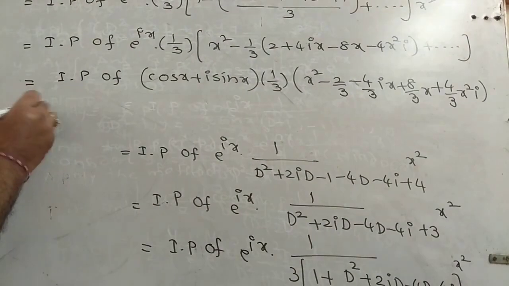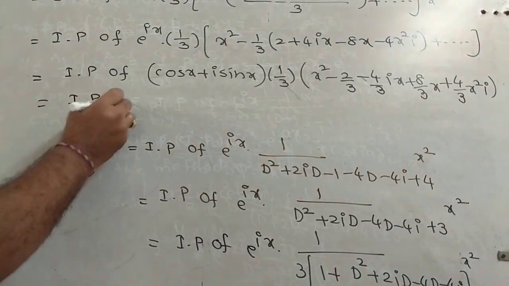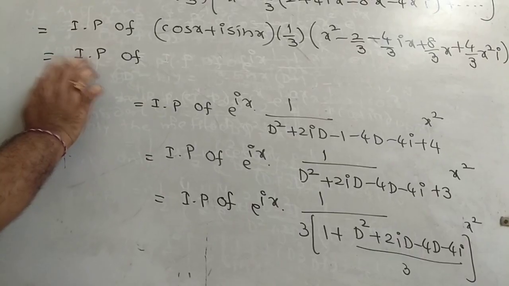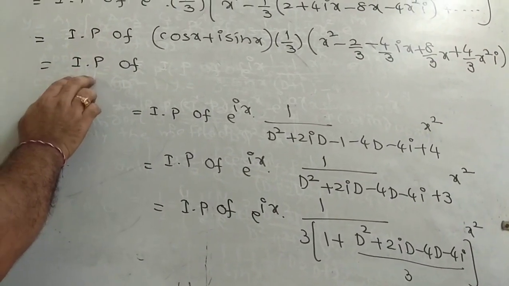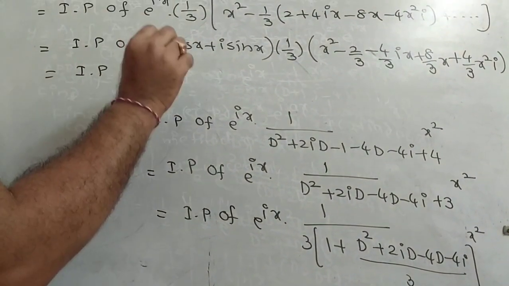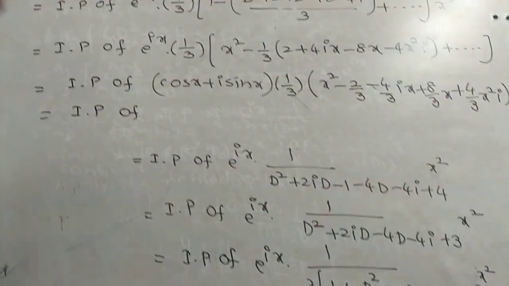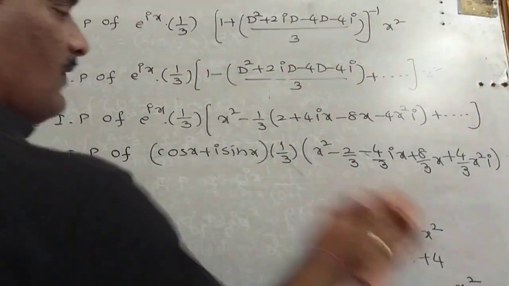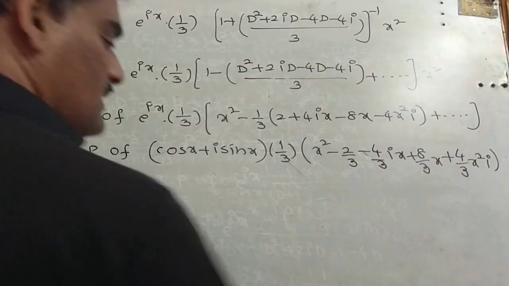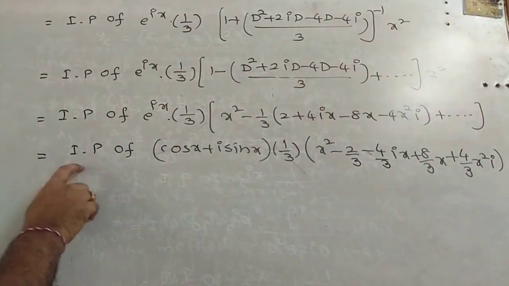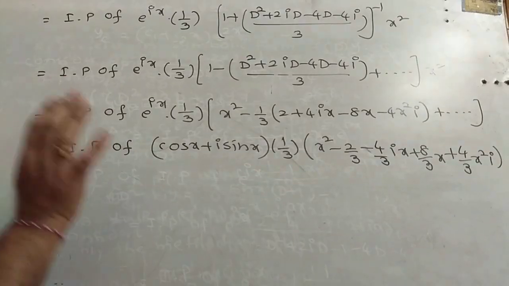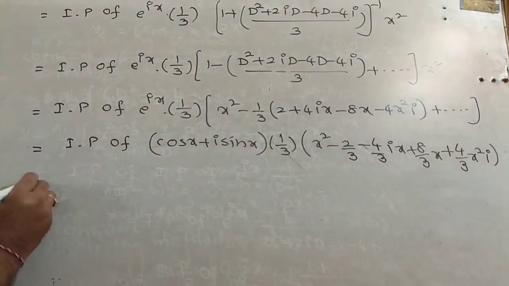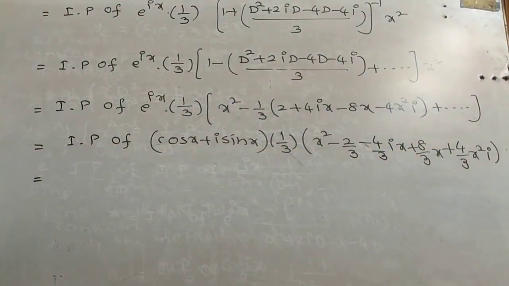So now this is equal to the imaginary part of, so here the problem is nothing but we need to get only the imaginary part. Imaginary part means you write down only the i terms. So what are the different i terms you are getting? Write down only those terms. If it is a real part, you take only the terms without the i part. So I am writing only the imaginary part combinations.